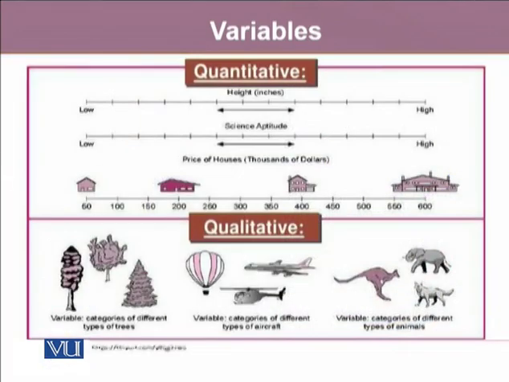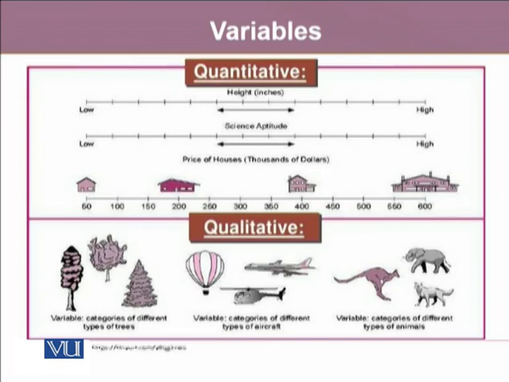Let's take a few examples of these variables. When we measure height, it's from low to high; it takes on each and every possible value within this interval. Science aptitude can also be low or high; within these two limits, it takes each and every value. Prices of houses. All these three variables are quantitative variables, which can be numerically measured.